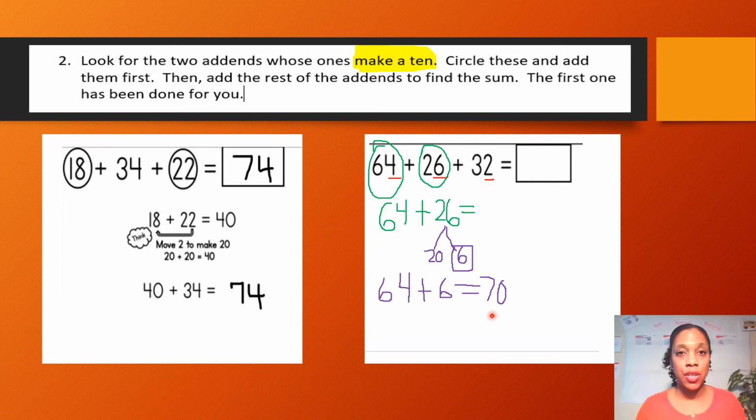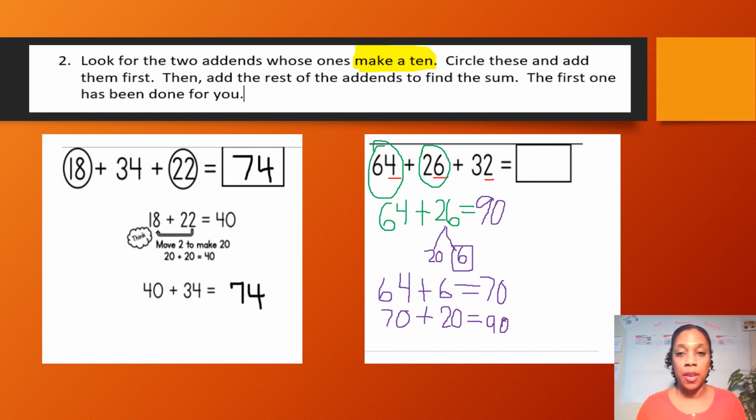But I'm not finished with that number because now I have to add the 70 and the 20. I just realized that when I add 70 plus 20, I come up with an answer of 90. So 64 plus 26 equals 90.